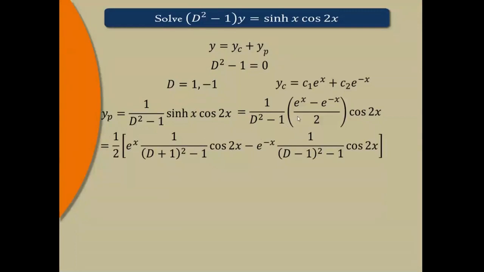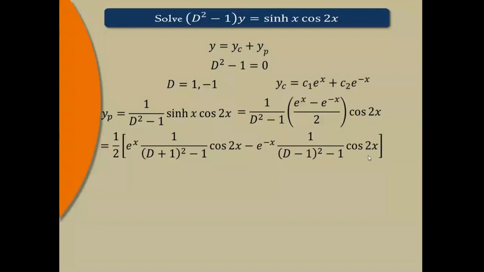Taking e raised to x outside, replacing D by D plus 1, the coefficient of x is 1. It is D plus 1 square minus 1 cos 2x, minus, taking e raised to minus x outside, replacing D by D minus 1, D minus 1 square minus 1 into cos 2x.